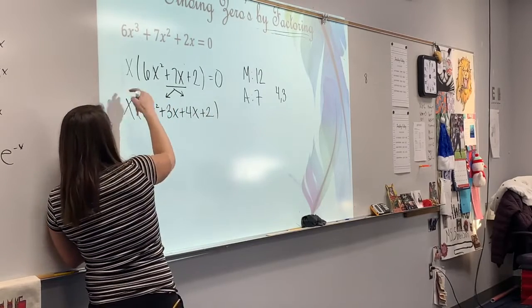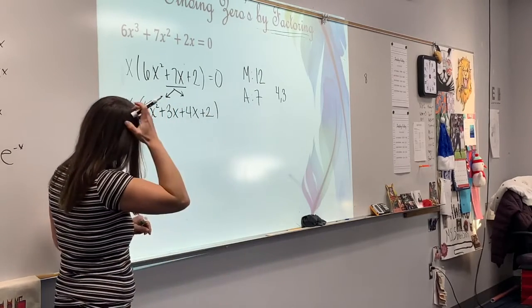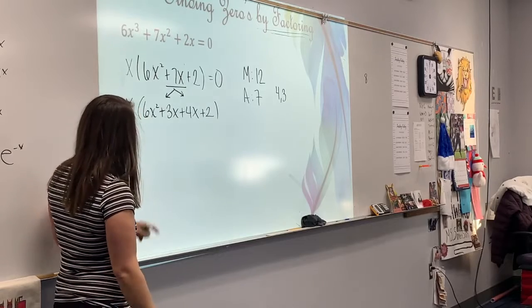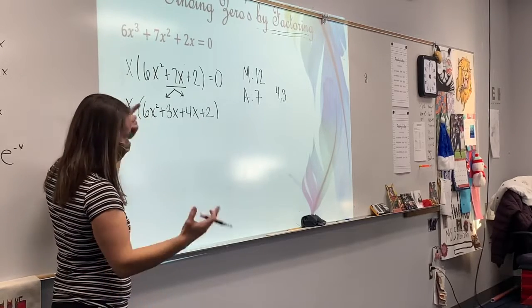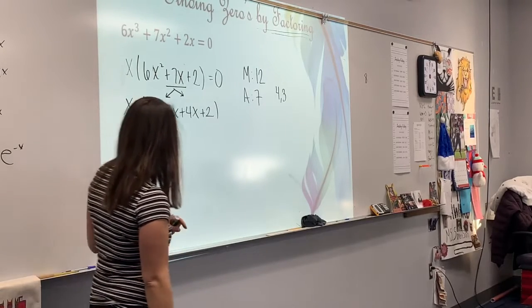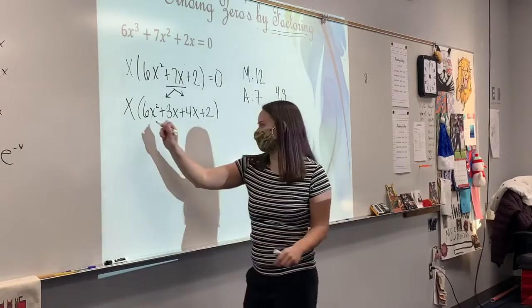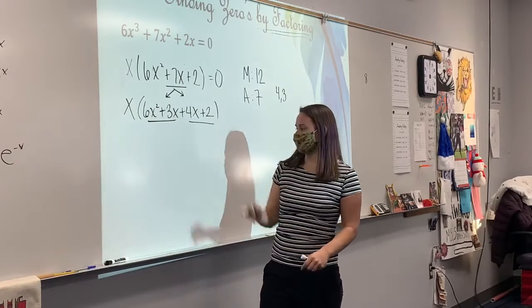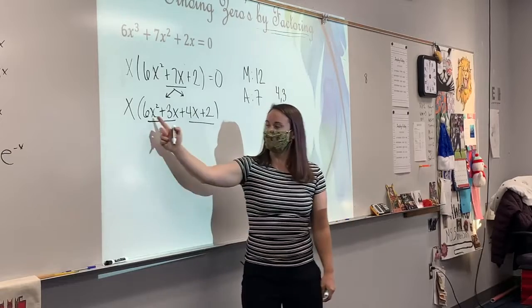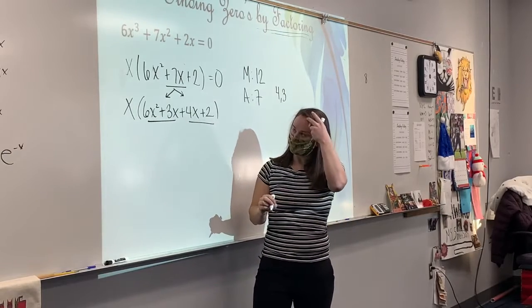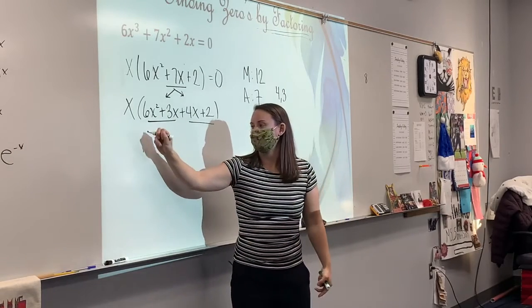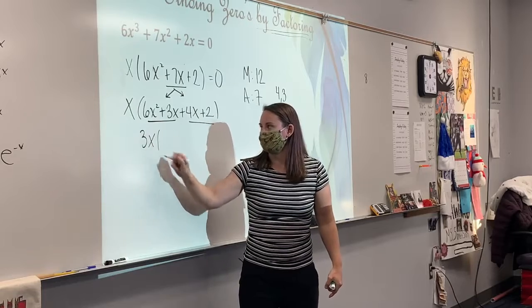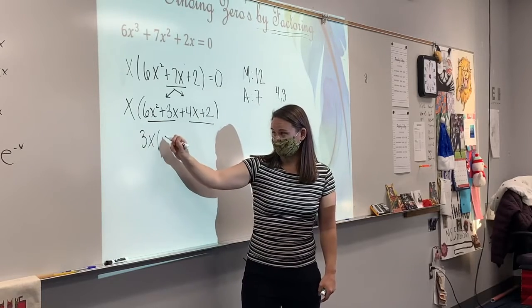Drop down your x. Just going to write it like that. And if you want, you can ignore the x till the end, but just remember to put it back in. Okay, so now I go underline, underline. What can I pull out from a 6x squared and a 3x? 3x. Yep. Which is going to give me a 2x plus 1.